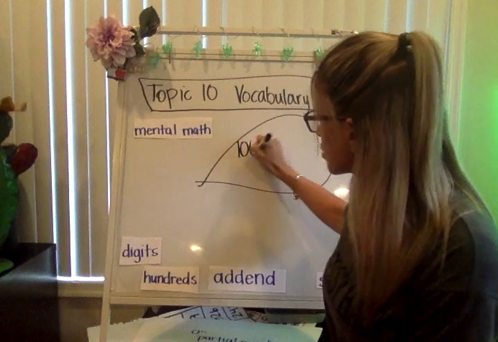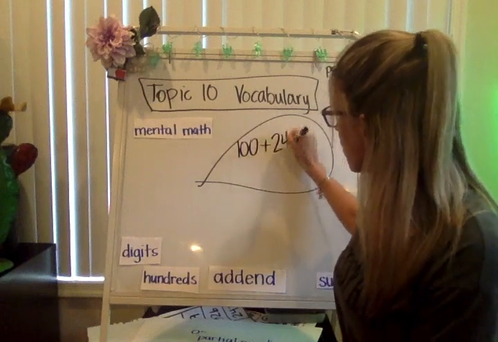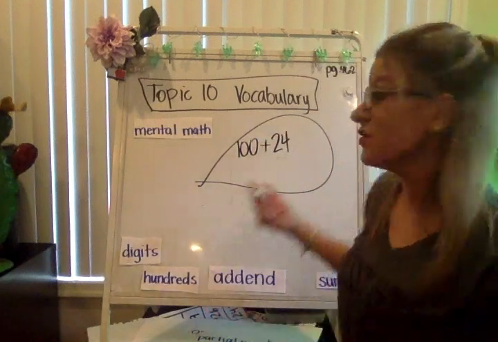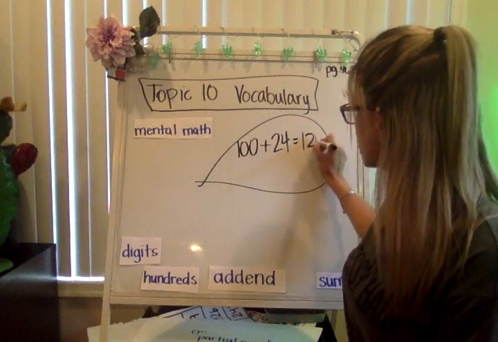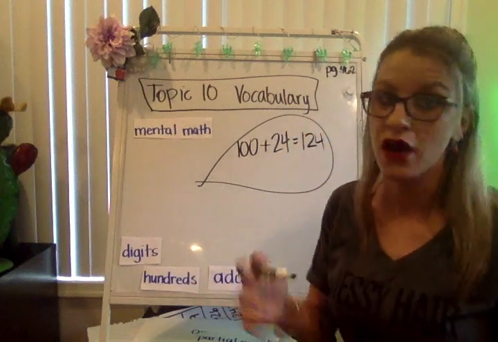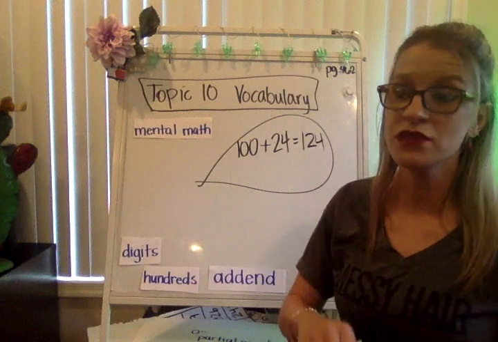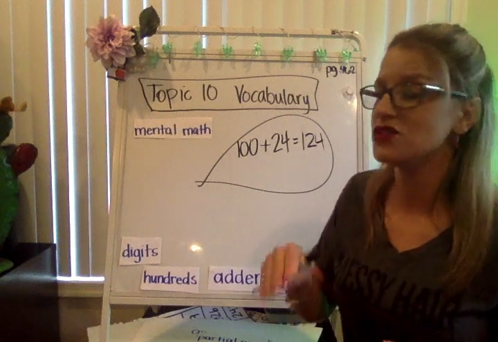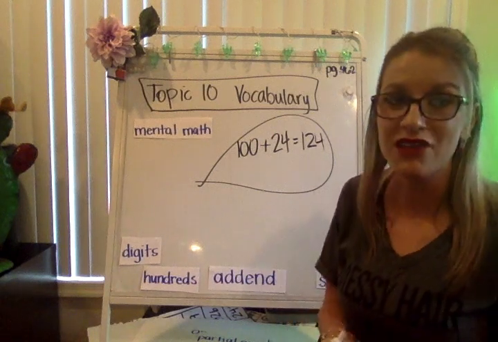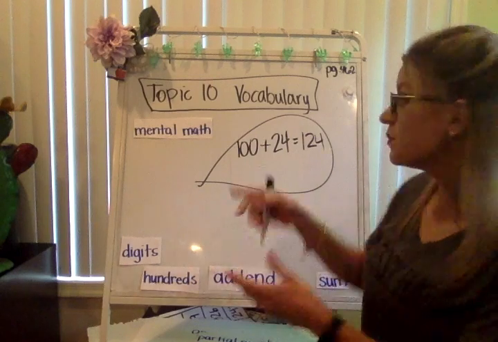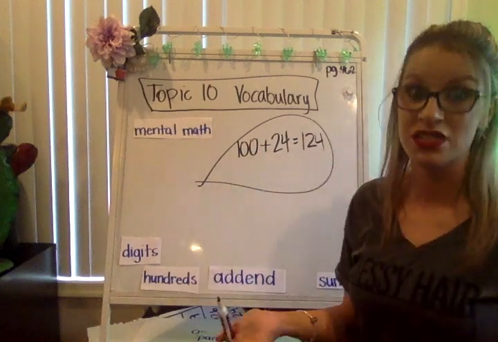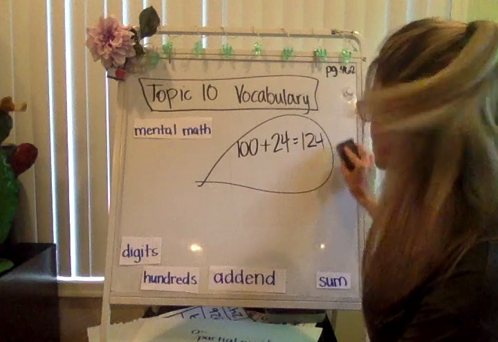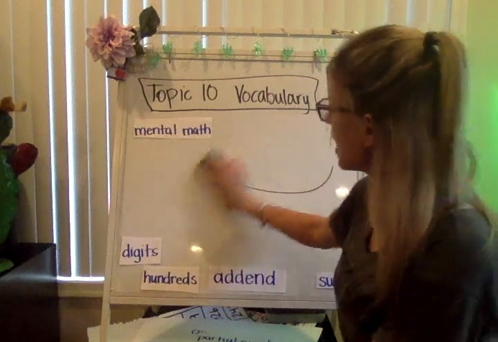So, 100 plus 24, you're able to do that in your head and you know that it's 124. You do not have to draw it on a place value chart. You do not have to use break apart. You don't have to use compensation or any of the other strategies that we've discussed because mentally in your head you can just think of that. That's what mental math is, math that you can do in your head.